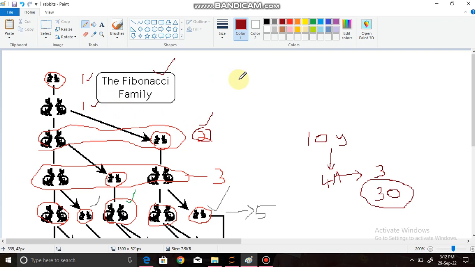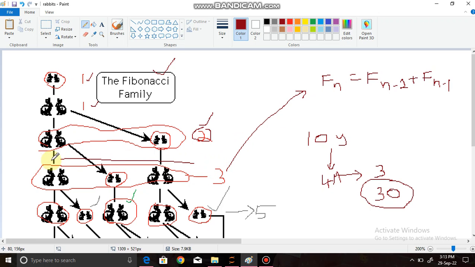If I consider this as fn, where n is the present row, then fn is equal to fn minus 1 plus fn minus 2. Very important.